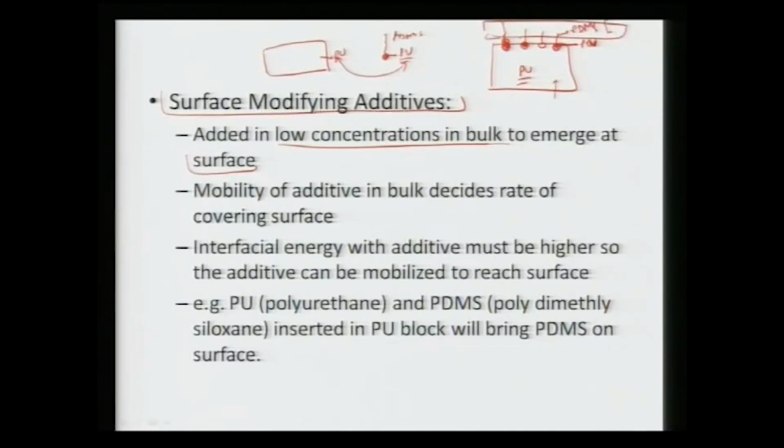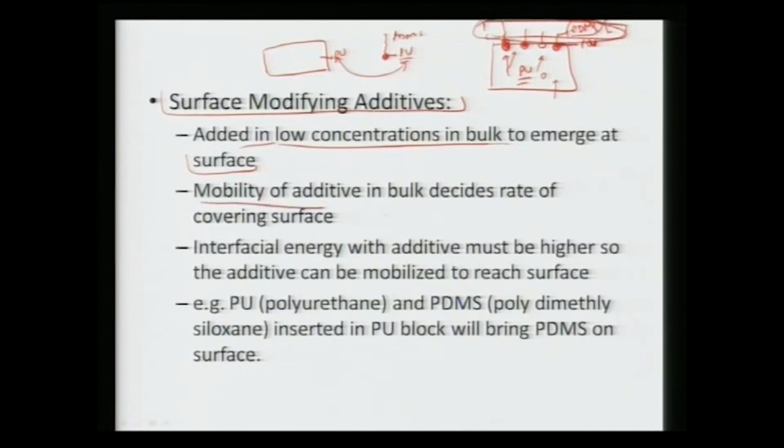In this case we are adding PDMS in very low quantity in bulk, which automatically emerges at the top or the surface, because PDMS has a very high interface energy with that of polyurethane. So, in the process it will try to go to the surface and form a surface with either air or the fluid around it. In that case it will try to reduce the interfacial energy, and in the process it will also impart certain functionality to the surface.